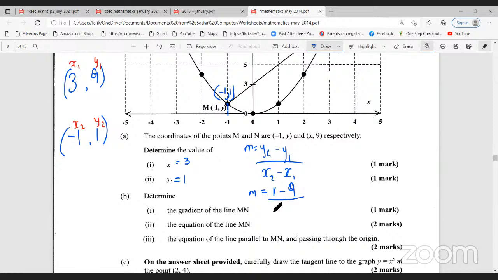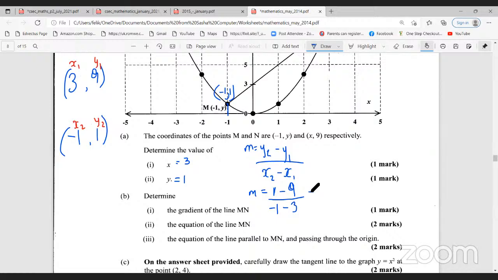And it's -2, -1 minus 1. All right, negative 1 minus 1. Good. Negative 1 minus 3. Not 1. Negative 1 minus 3.